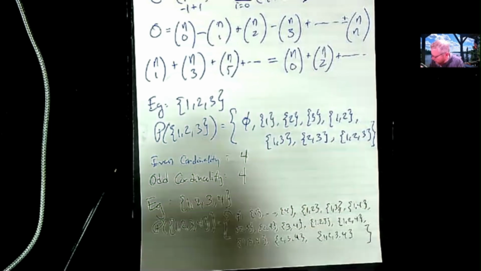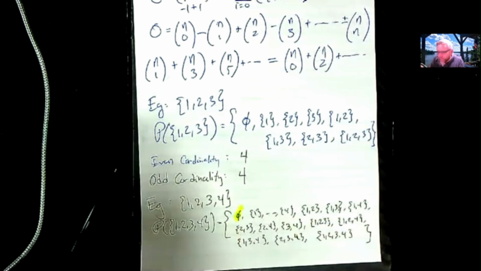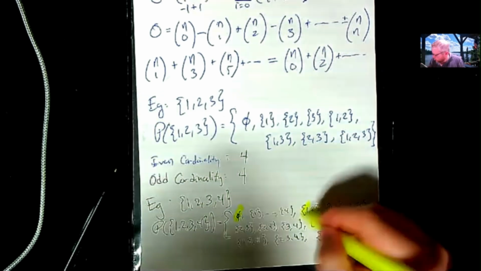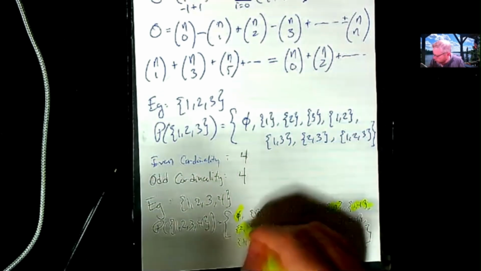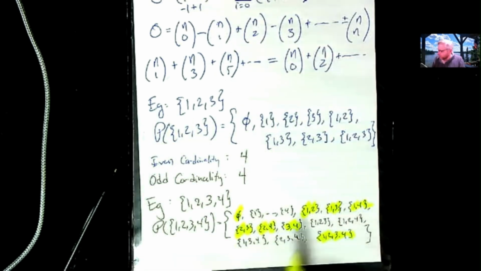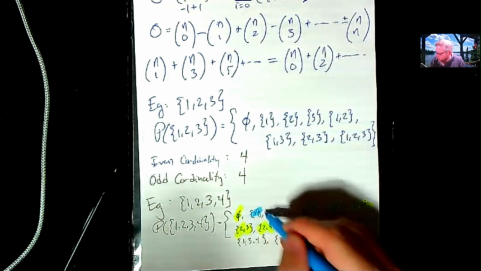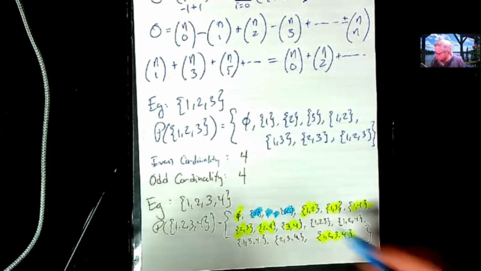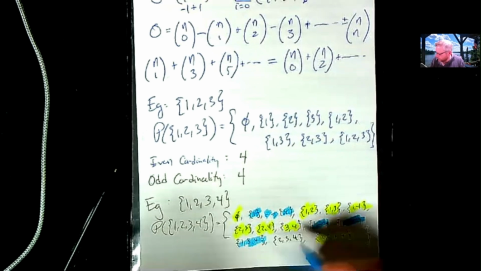Which ones are even cardinality? Well, 0, there's 1, 2, and 4. So the even cardinality is 1, 2, 3, 4, 5, 6, 7, 8. The odd cardinality, 1, 2, 3, 4, 5, 6, 7, 8.